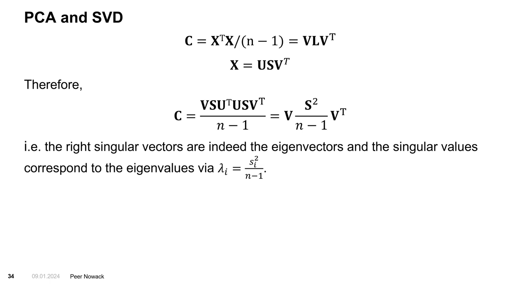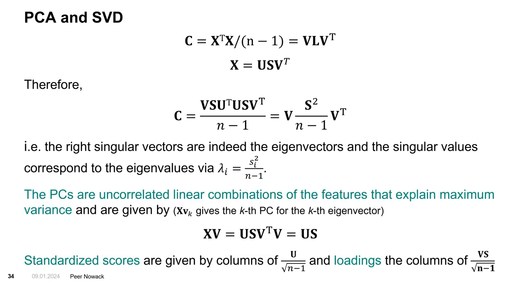From this you can derive that the singular values in the matrix S are basically the square root of the eigenvalues times n minus 1. The n minus 1 is clearly just down to the moments. So if you have already taken the zero mean off, that's just for correctness, but practically n and n minus 1 will usually be very similar. And in many implementations it's basically ignored, I believe.